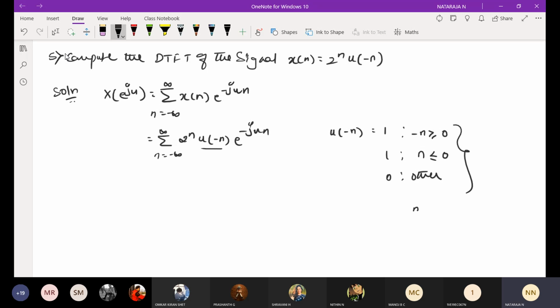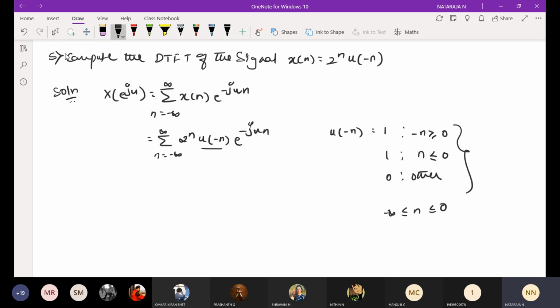So n lies between minus infinity and 0. I am just finding the limits of this u of minus n.